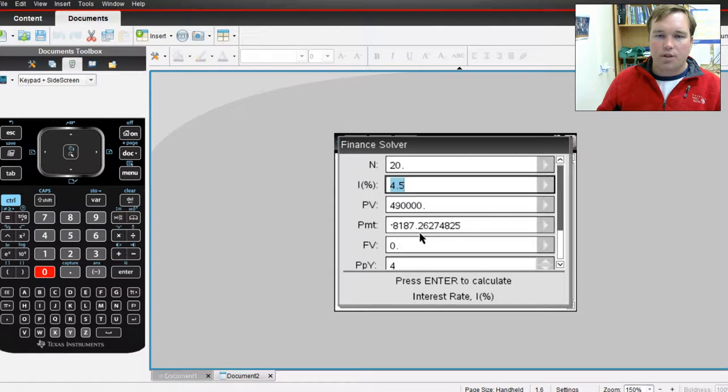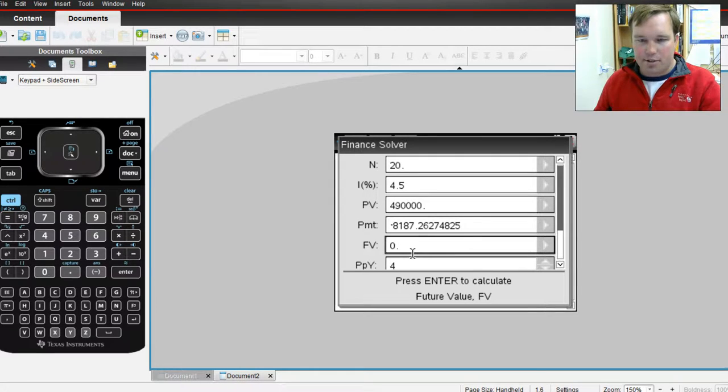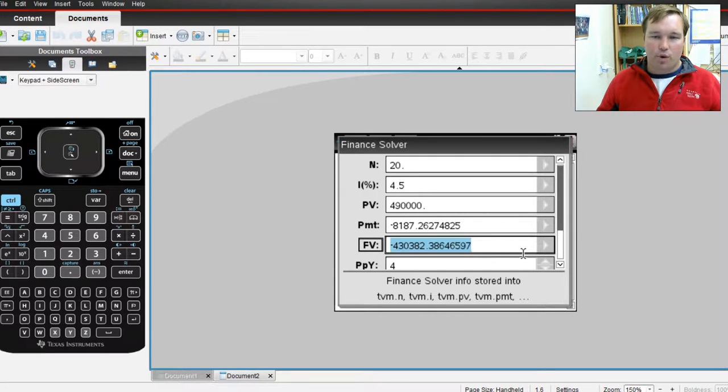So, we want to work out how much is still owed after 5 years. We leave that payment in there and hit enter on FV, it is 430,000, etc. Note that it's negative because they still owe that amount. So they're still in negative that amount of equity.